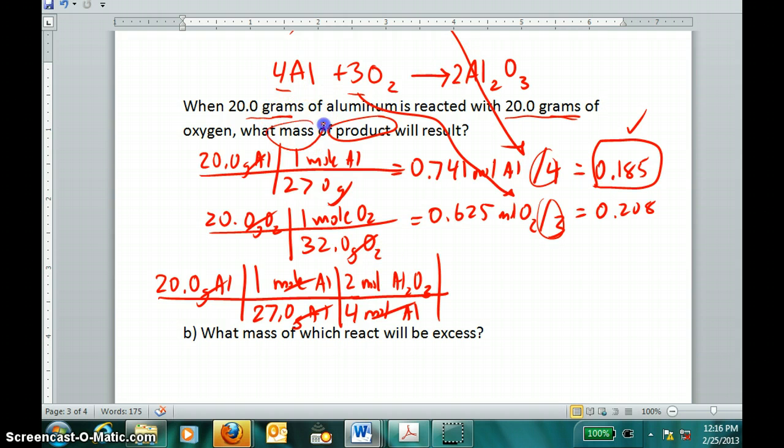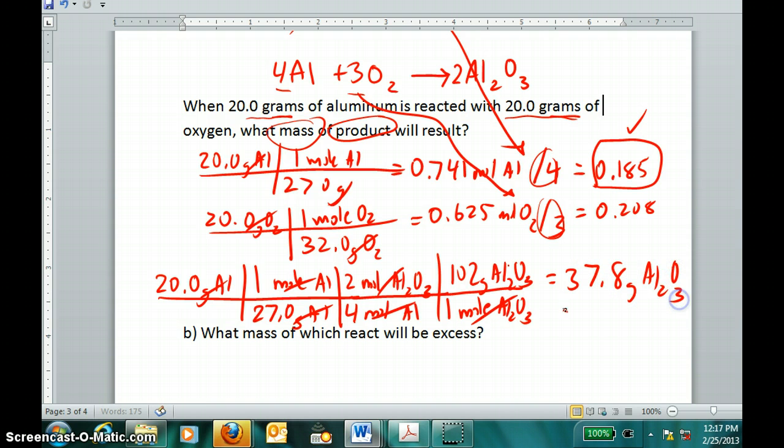Of course, this does request a mass of product, so I have one more step, because 1 mole of aluminum oxide is 102 grams aluminum oxide, the molar mass of aluminum oxide, meaning we're going to get 37.8 grams aluminum oxide as our product.